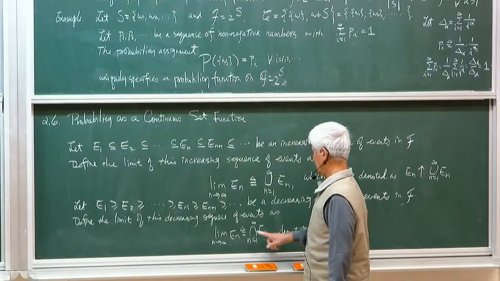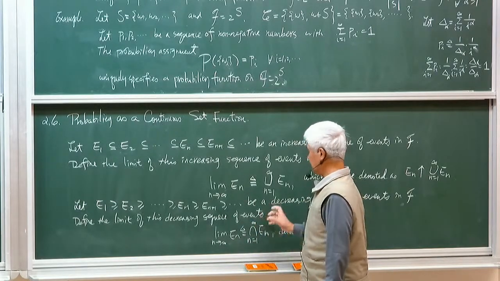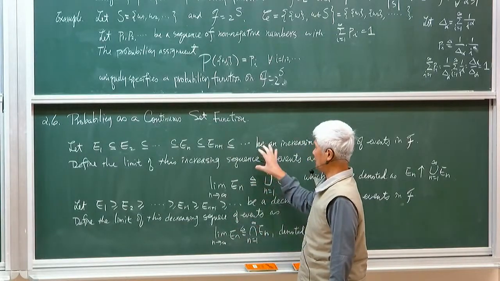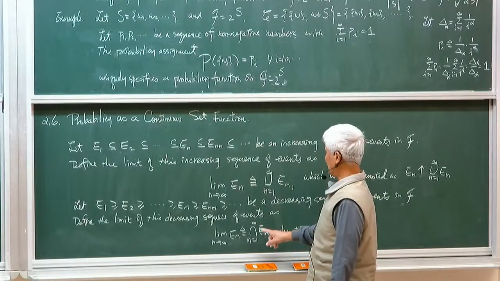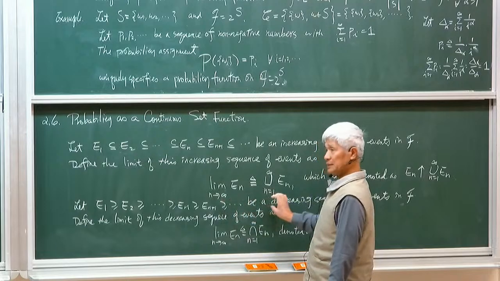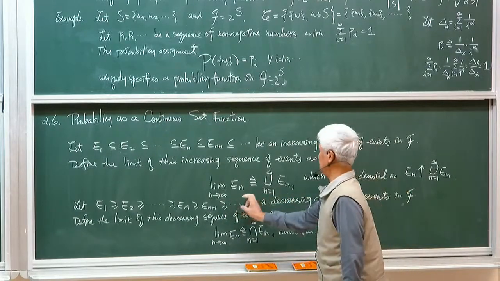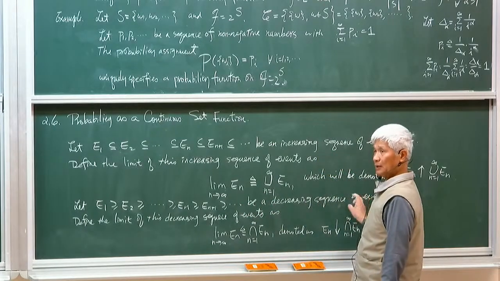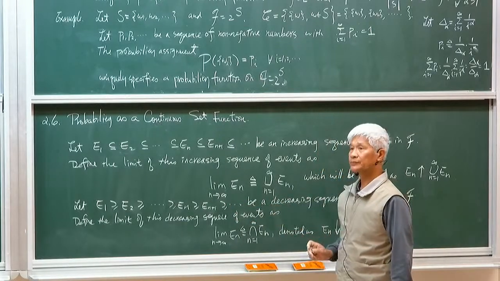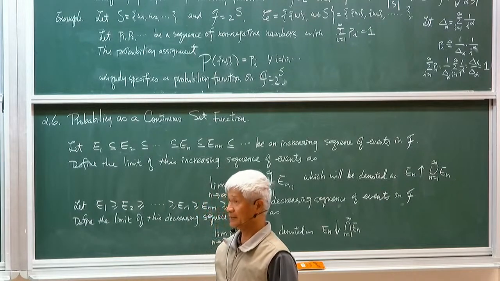We have a sequence of events, and we want to know, for example, if it becomes smaller and smaller, what is the so-called asymptotic, or limit, of the events, which are sets of possible outcomes from the sample space.